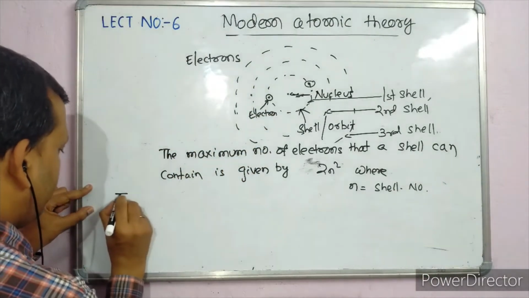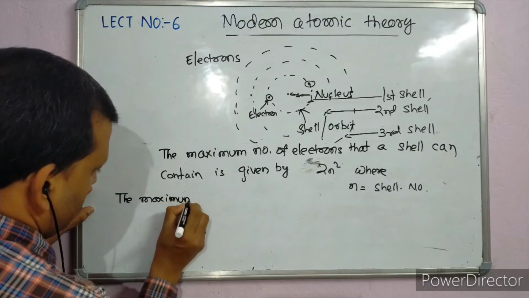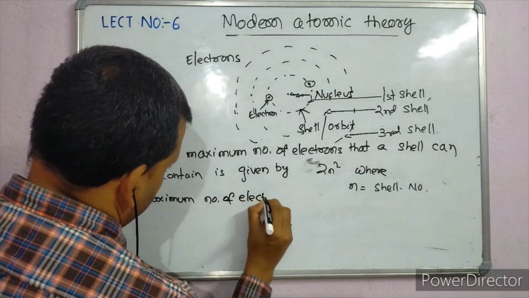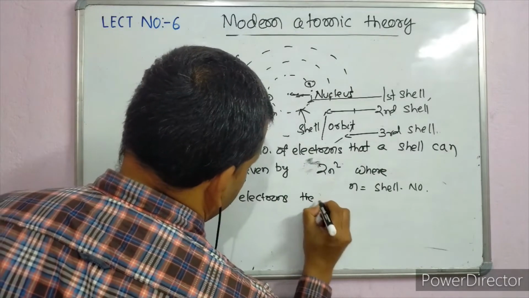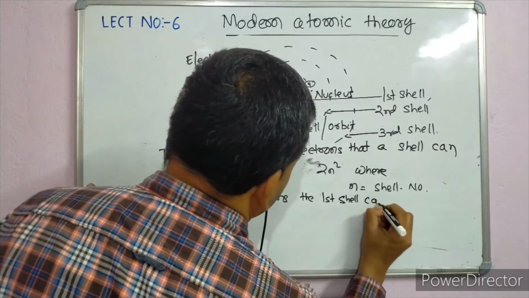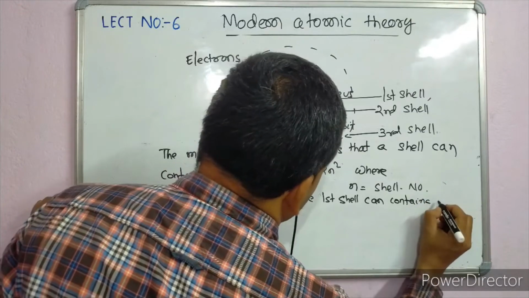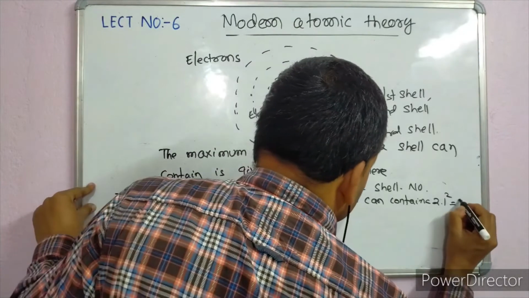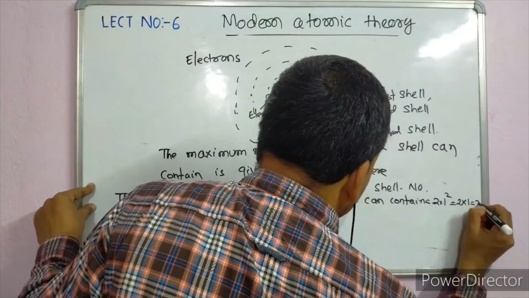The maximum number of electrons the first shell can contain is equal to 2 into 1 square, because our n is equal to 1. That is nothing but 2 into 1, which is equal to 2.